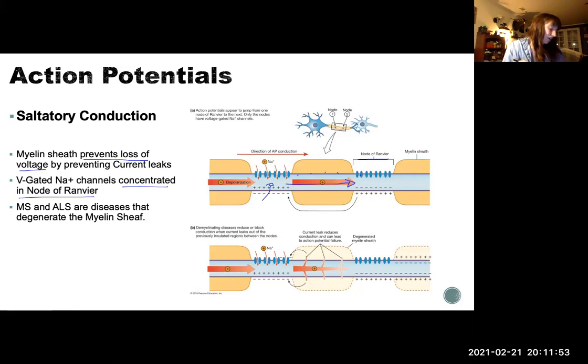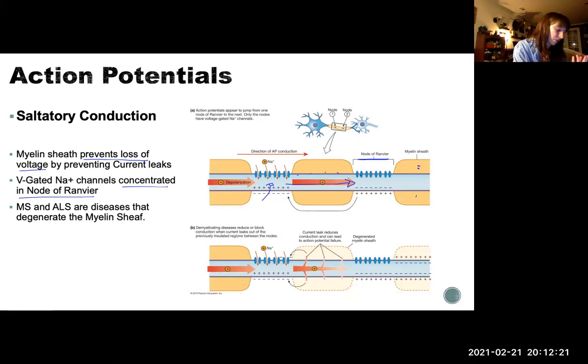MS and ALS are diseases that degenerate the myelin sheath. So you could think about multiple sclerosis, if you know anybody that struggles with that, or ALS, they have a hard time controlling their movements, right? Because that signal keeps getting lost out of the axons of their peripheral nervous system neurons because they don't have the myelin sheath.